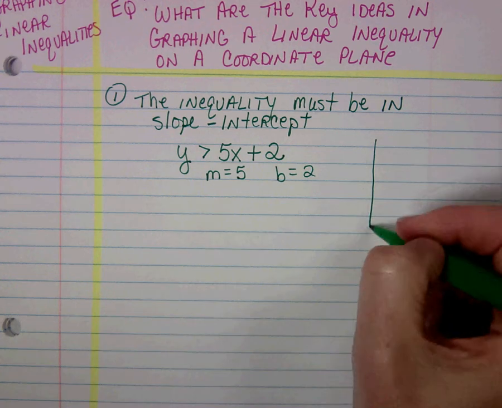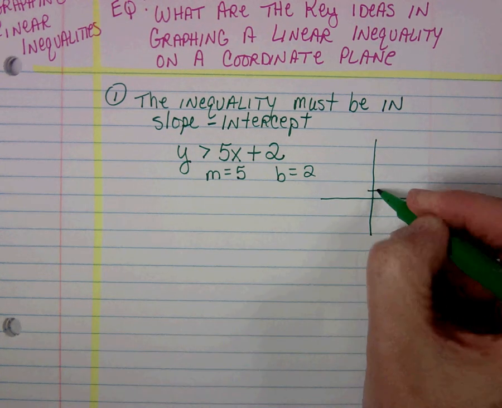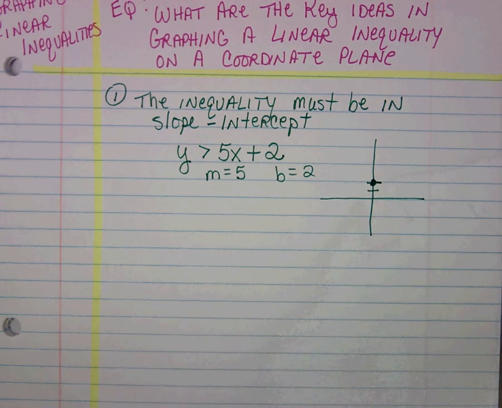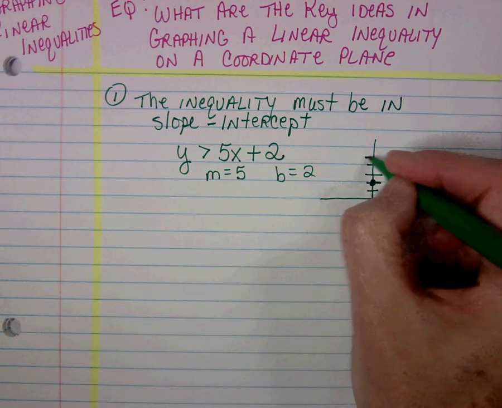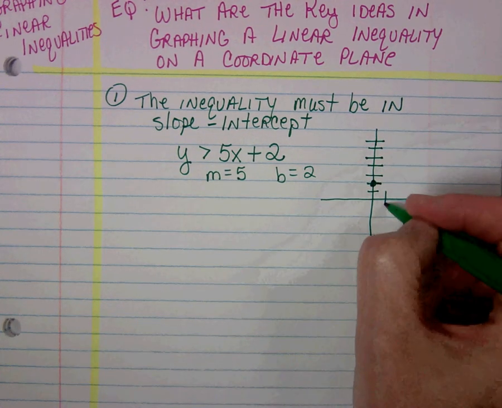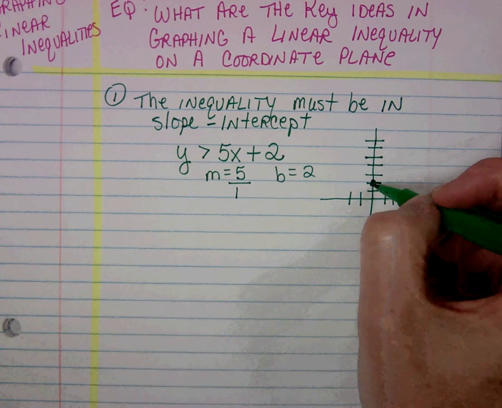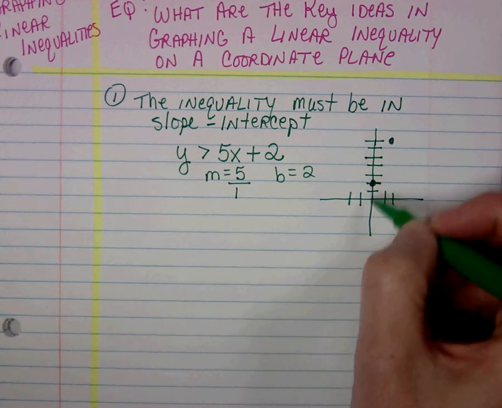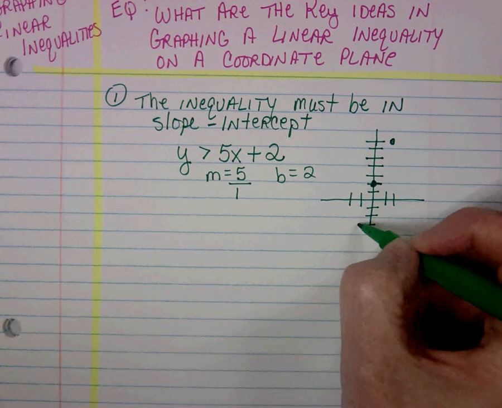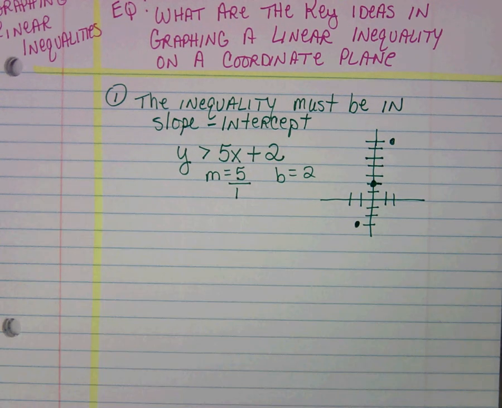So you would start out graphing this by plotting your y-intercept of 2. And then our slope is 5, or 5 over 1, so we would go up 5, right 1, or down 5, left 1. Now notice I'm not going to connect my points yet, because that's the next step that we need to talk about.